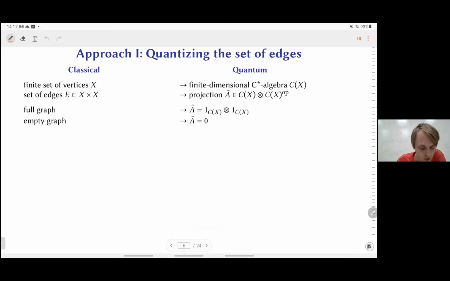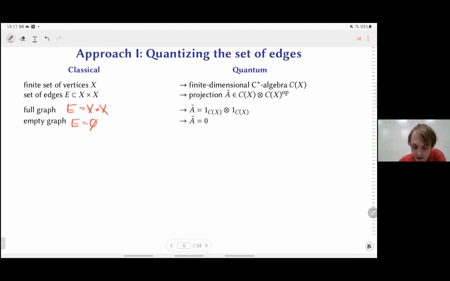Now we would like to have some typical examples, and the most typical examples are, I guess, the full graph and the empty graph. Classically, the full graph is taking all edges, and the empty graph is taking no edges.